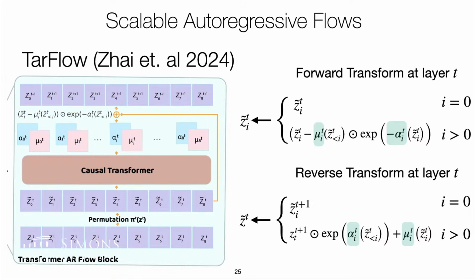So this is still going to be invertible by design. But you're only learning the mean and the shift operations. And that's really powerful because it lets you still parameterize this mean and alpha parameter with a neural network, like a transformer, but it gives you this scalability that was missing.